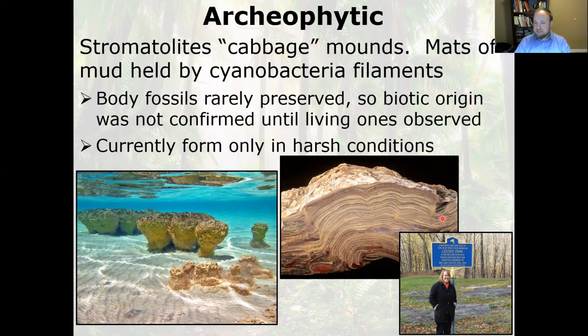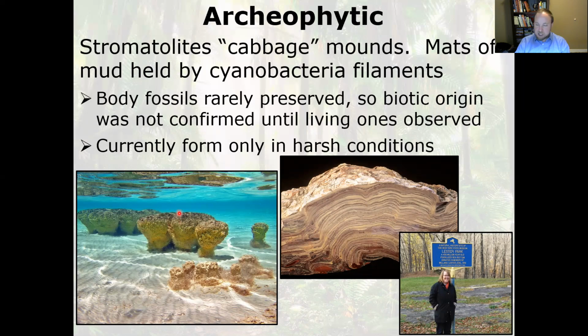These filaments were recognized a little bit earlier than the confirmed nature that these are body fossils. But generally, when you're looking at a stromatolite, you're not actually preserving the cyanobacteria, you're preserving the mats that they helped to build. The biotic nature of what was happening wasn't totally confirmed until we were able to observe living ones.